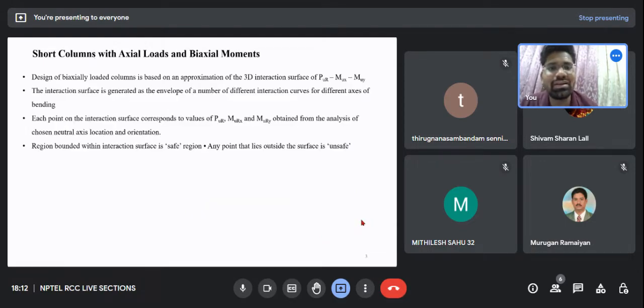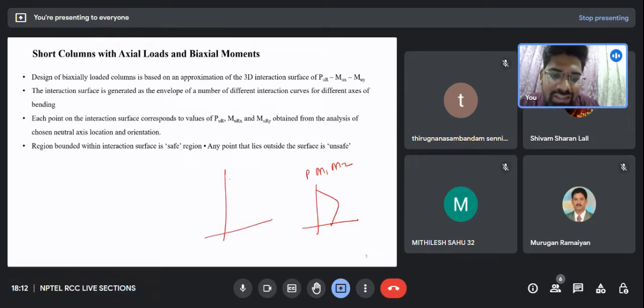In case of P, M1 and M2, we won't have an interaction curve, but we will have an interaction surface.